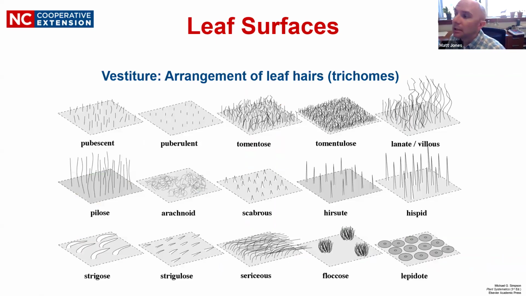But wait, there's more. There are all sorts of kinds of hairs on leaves. Generally, if a leaf, or any part of a plant, has hairs, it's said to be pubescent. And if it's lacking hairs, it's said to be glabrous. The patterns can be various among the hairs in all these different ways.